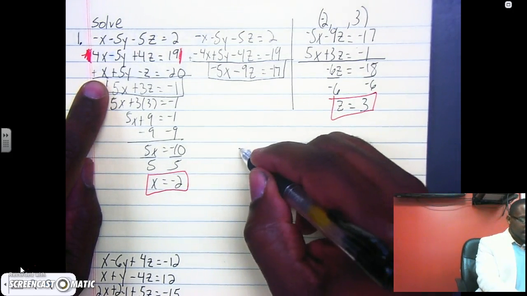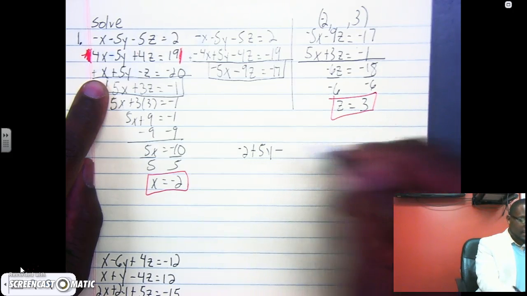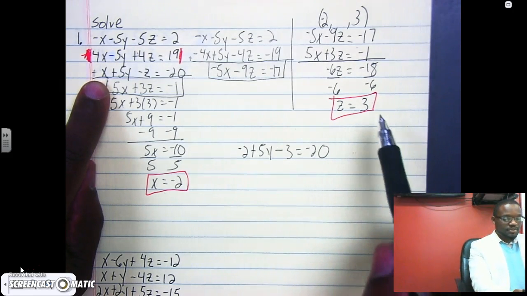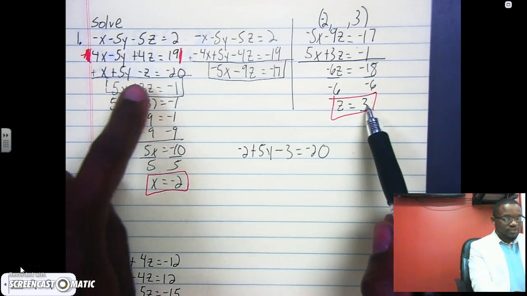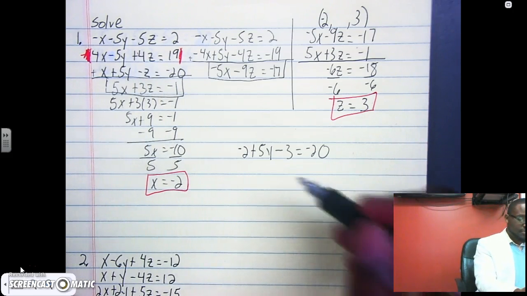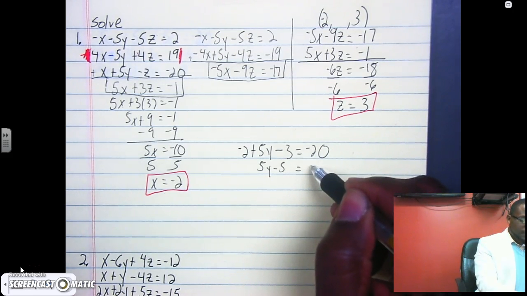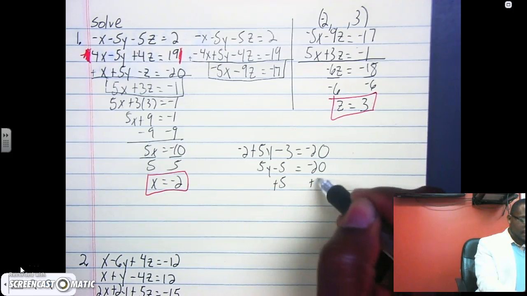If I do negative 2 plus 5y minus 3 equals negative 20, all I did was substitute z and x into this equation here for each variable. You get 5y minus 5 equals negative 20. Add 5 to both sides.